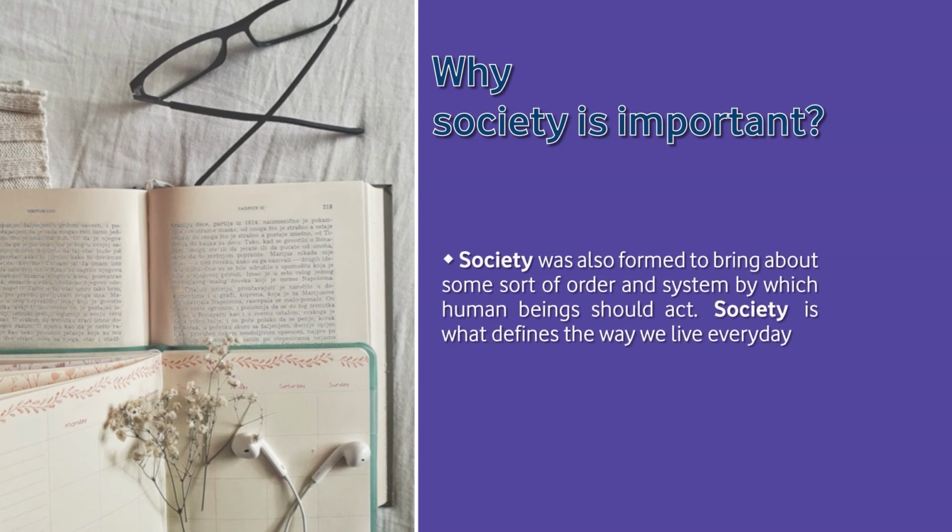Society was also formed to bring about some sort of order and system by which human beings should act. And society is what defines the way we live every day. This is, in a nutshell, the meaning of society and why society is important.